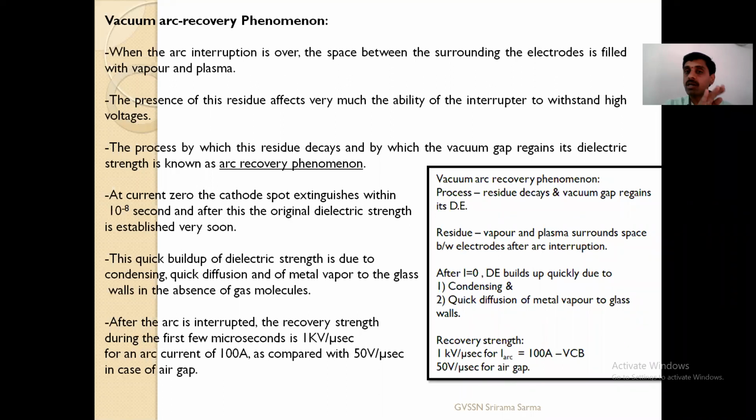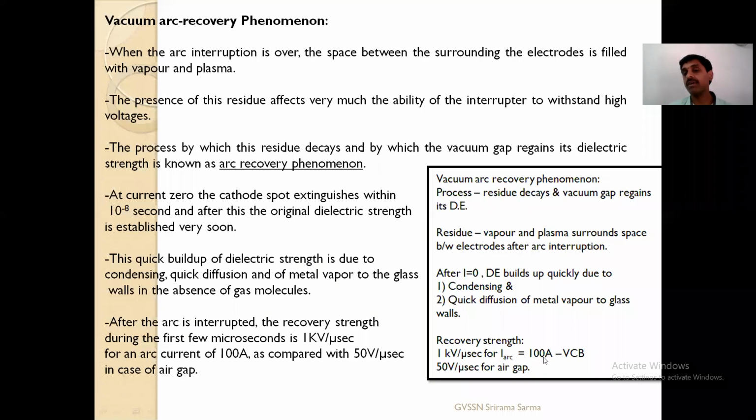That is called recovery. With vacuum, for every 1 microsecond, you will get 1 kilovolt, so for 33 kV to recover back, you need 33 microseconds. That is such a fast way to get back the voltage.